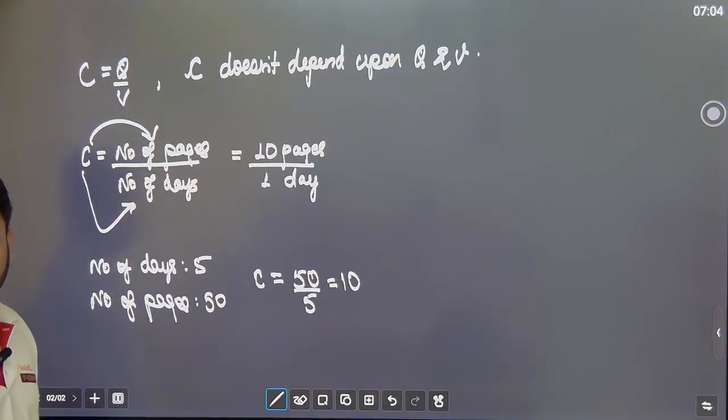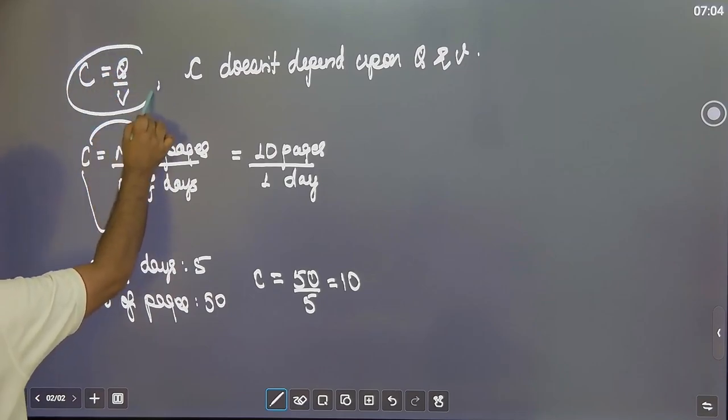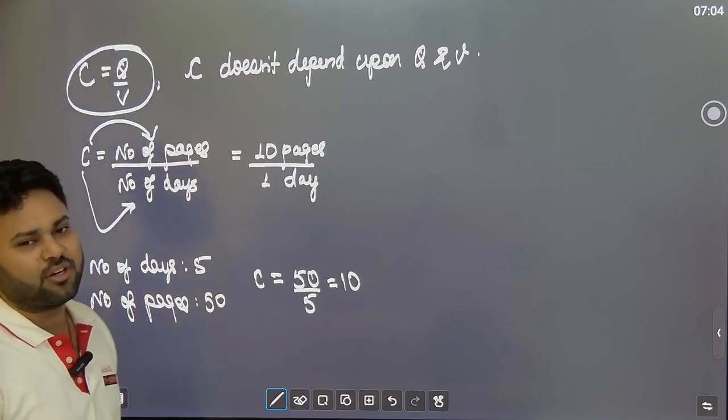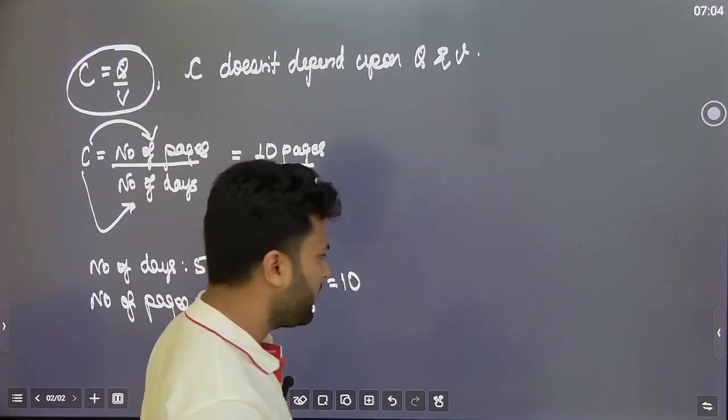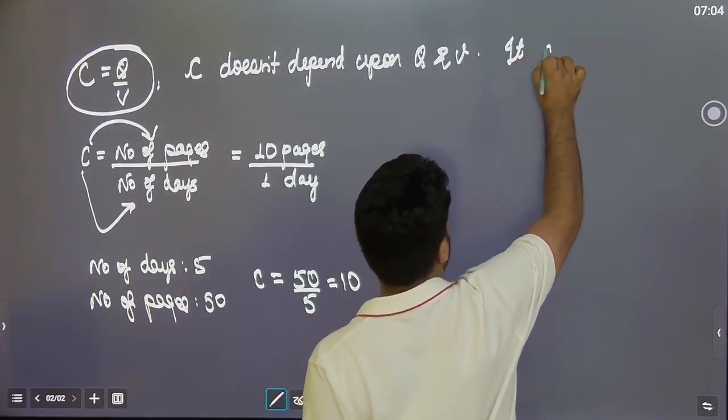See, it remains the same. Means it does not depend upon this and this. Similarly, the capacitance of a device does not depend on charge and voltage. Rather, it depends upon size and medium.